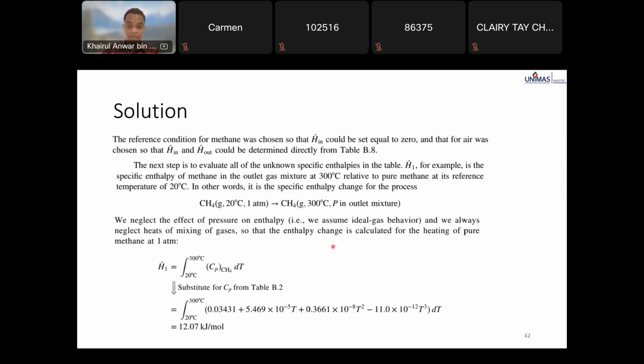So for the methane, the CP is from table B2. Always remember 10 to the power of negative. Then get 12.07 kilojoule per mole. This is H1, enthalpy 1.